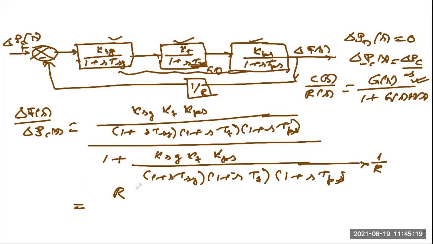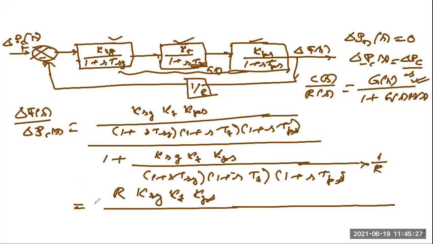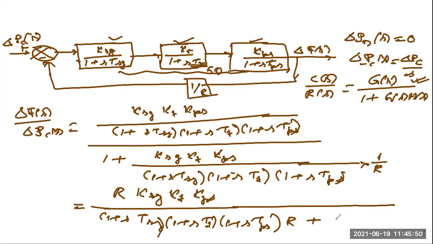So R into KSG KT into KPS divided by 1 plus STSG into 1 plus STT into 1 plus STPS into R plus KSG KT KPS. Is this derivation clear?